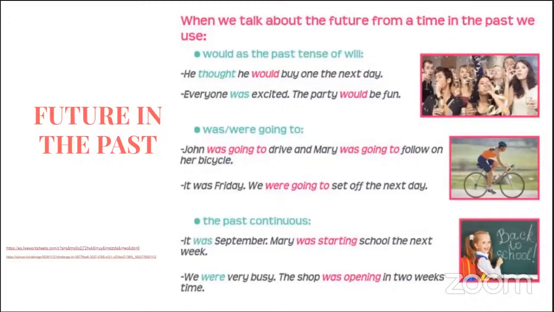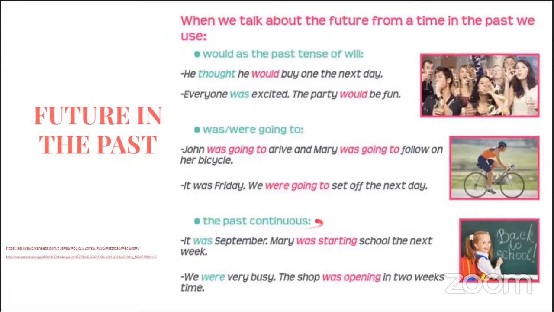Everyone was excited the party would be fun. And here, was or were followed by going to. John was going to drive and Mary was going to follow her on her bicycle. It was Friday. We were going to set off the next day.